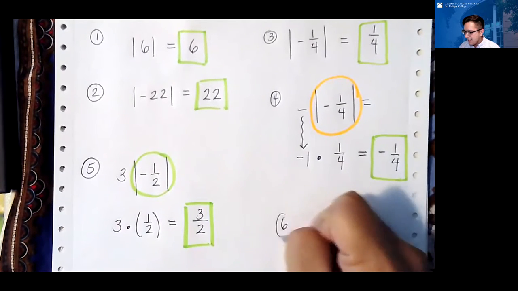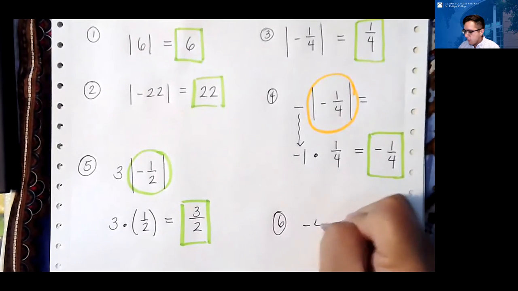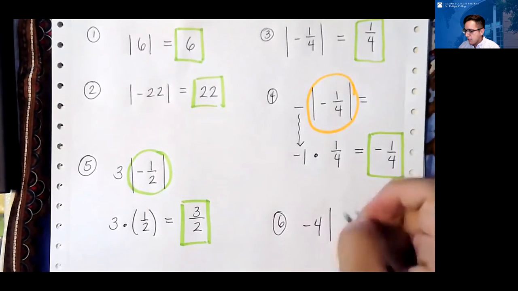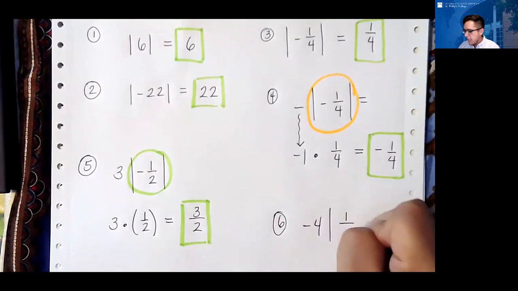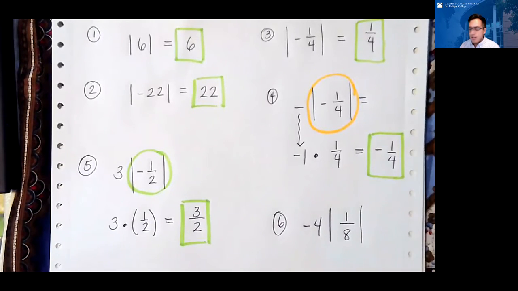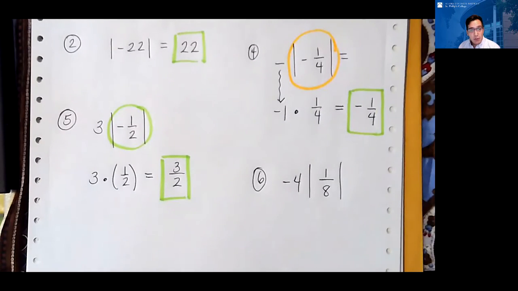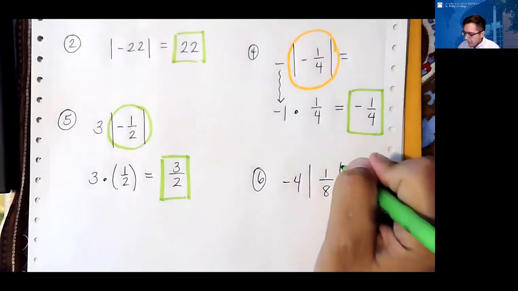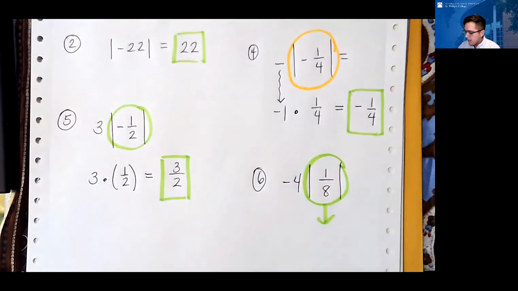Similarly, if I have, let's say, -4, and then the absolute value of, let's say, 1/8. Well, I need to do my grouping symbol stuff first. So the absolute value of 1/8, this part here, is just 1/8.